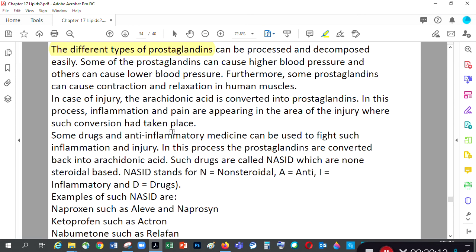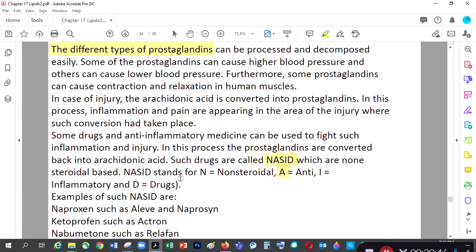And when the prostaglandin is reversed, converted back into the essential fatty acids, we call this type of drugs NSAID. NSAID is an abbreviation: N for non-steroidal, so there are no steroids whatsoever, A is anti, I is inflammatory.